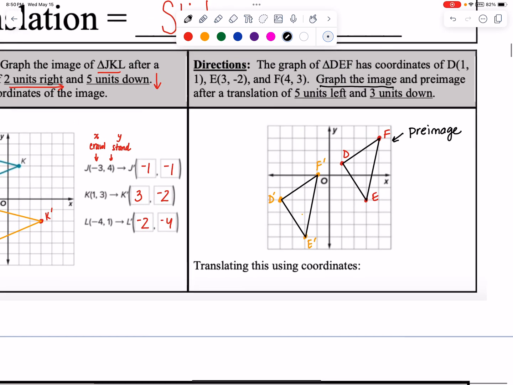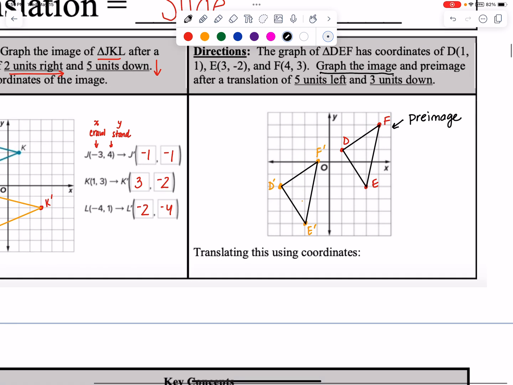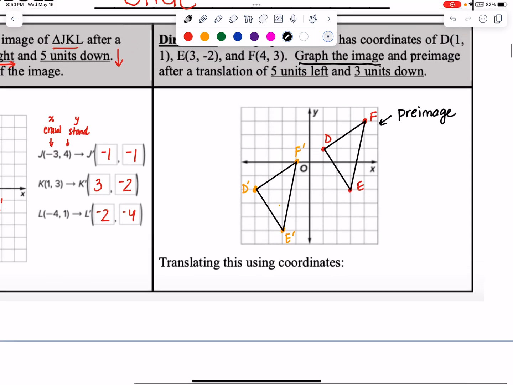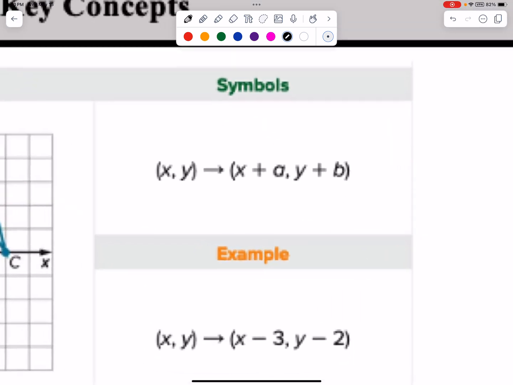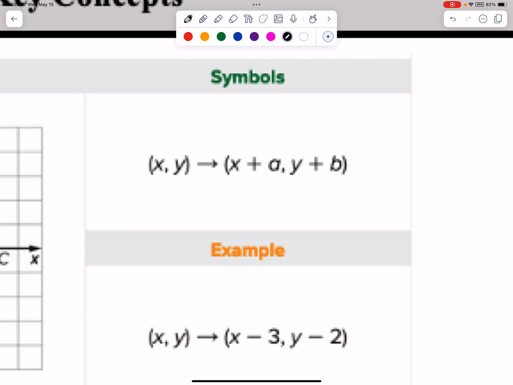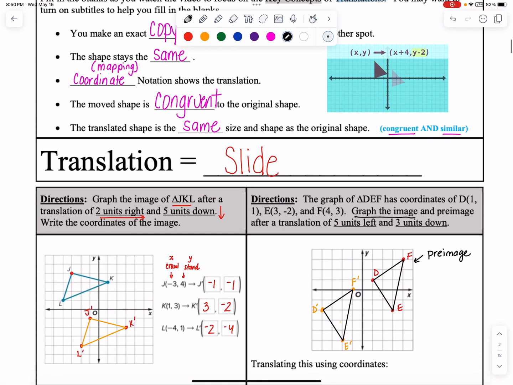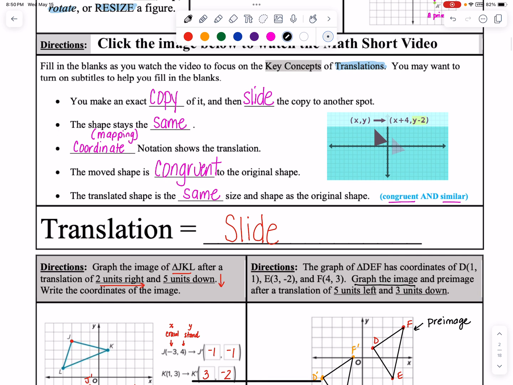And so what we can write for this one is we can actually say what we did to it. Okay, so I want to start getting you into this kind of notation. And this kind of notation is called coordinate notation or the mapping notation.